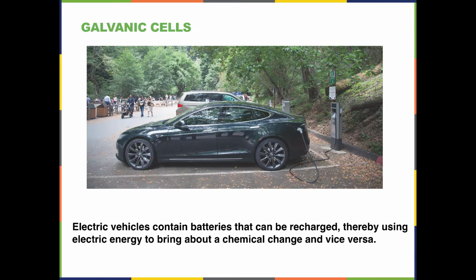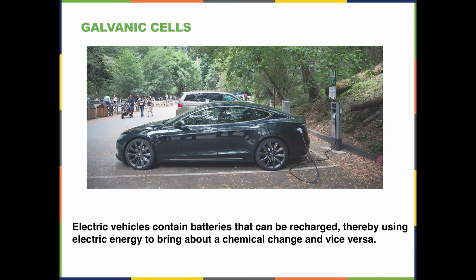Electrochemistry is important in many things, but one of the most obvious is electric vehicles. These vehicles contain batteries that generate electricity and can also be recharged, using electrical energy to convert a chemical change, and a chemical change to produce electrical energy.